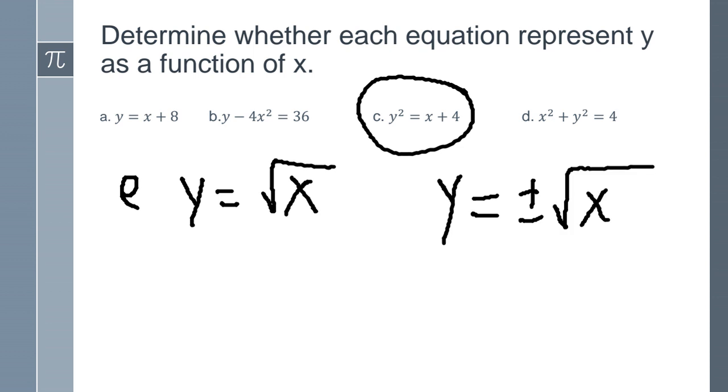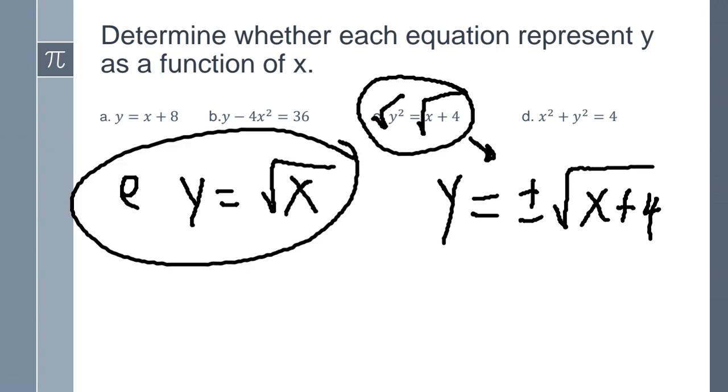Now the reason on the letter C we end up with a plus or minus is because we ourselves had to take the square root, okay? But if you look at letter E here, they're already telling us that y is equal to the square root of x. So they don't want us to consider this negative here.